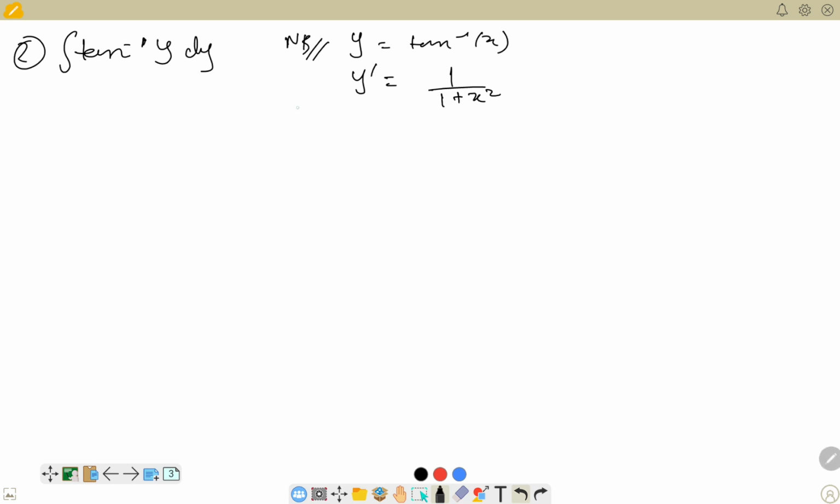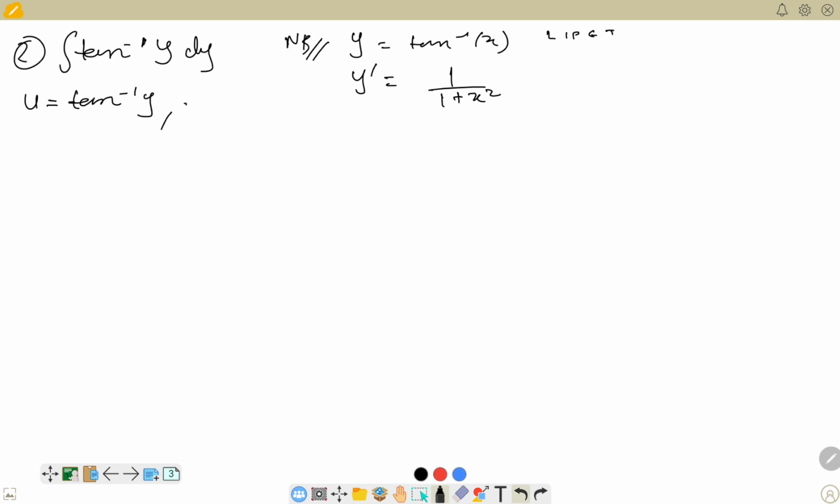Now if we look at LIPET, I'll use LIPET in this video. L is for log, and then I is for inverse trigonometry, then P comes after. In this case, we can assume that we have 1, for example, and inverse comes second. So we can let our u be inverse tan y.